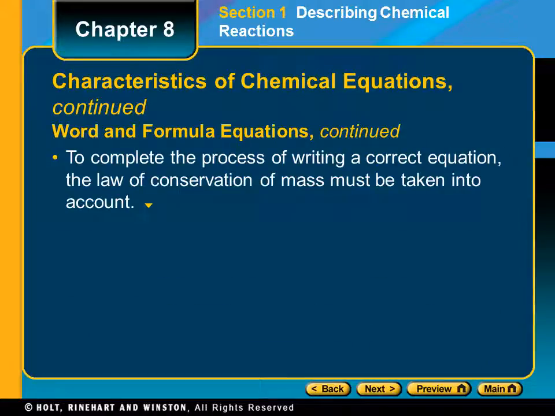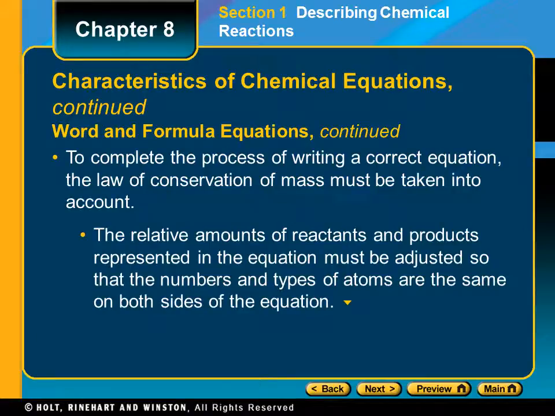Next, we complete this by writing the correct equation in terms of applying the law of conservation of mass to the equation. What that means is that the relative amounts of reactants and products must be equal. So you're going to need to put in numbers. This is where the coefficients come in to make sure that everything's equal.